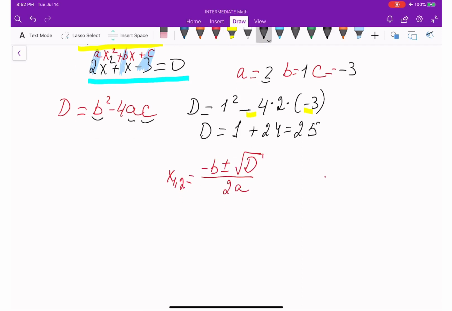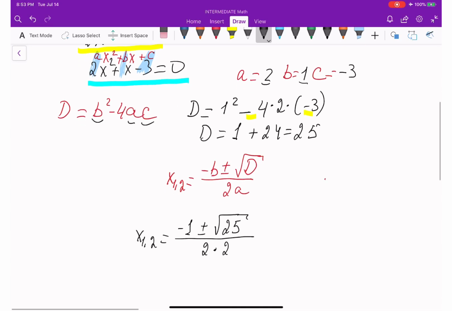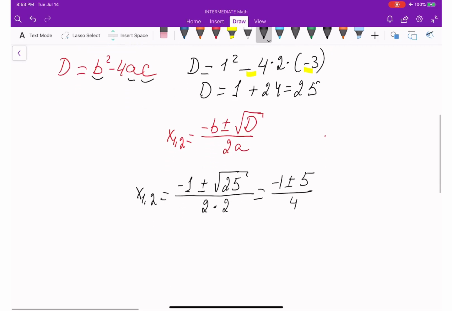Now x1 and x2 is equal to, my b is 1, so negative b will be negative 1, plus minus, my discriminant is 25, divided by 2 times a, and my a is 2. So that will be equal to negative 1 plus minus 5 over 4.